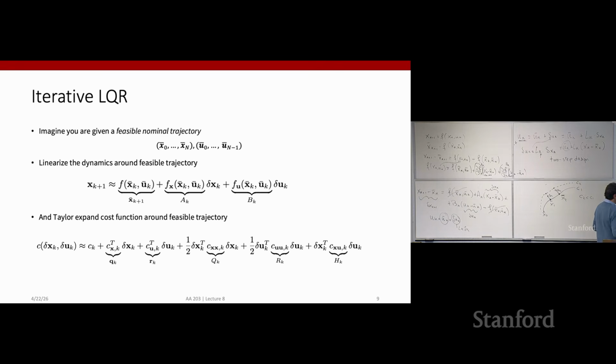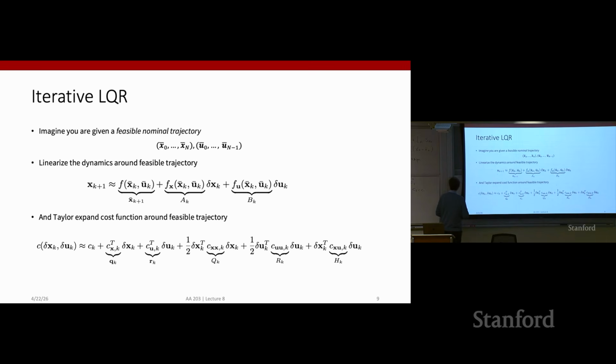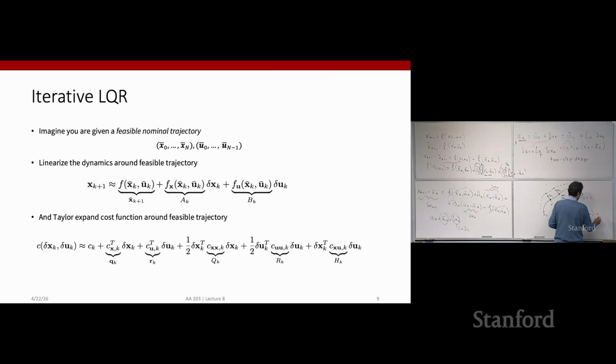Specifically, what you do is you have the cost of your nominal trajectory, C of x bar k, u bar k. The cumulative cost would then be equal to C1. And then you have the cost of a general state control pair, xk, uk.